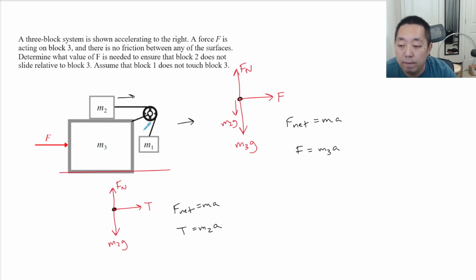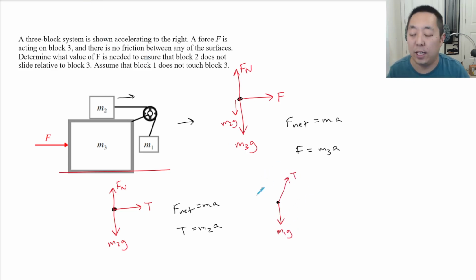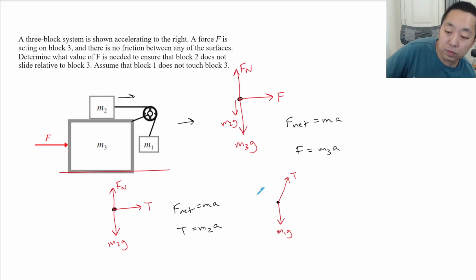Now, how about M1? M1 is just hanging here. If they're all sliding to the right, there's no way M1 can fall. So in the free body diagram of M1, I have M1g going down, and then the tension moving up at some angle, which we don't really know.